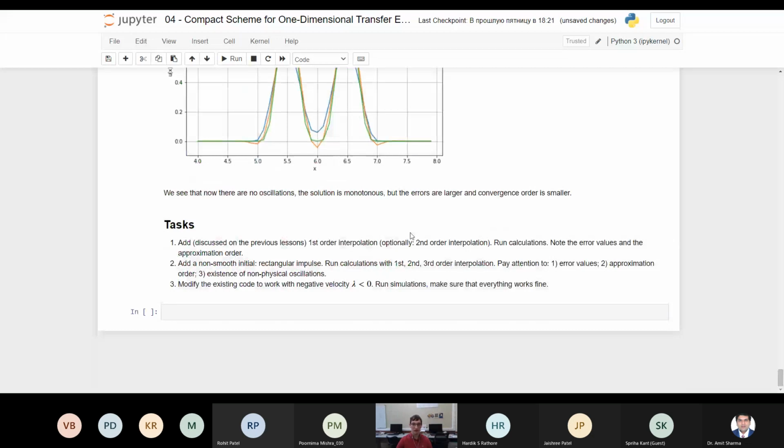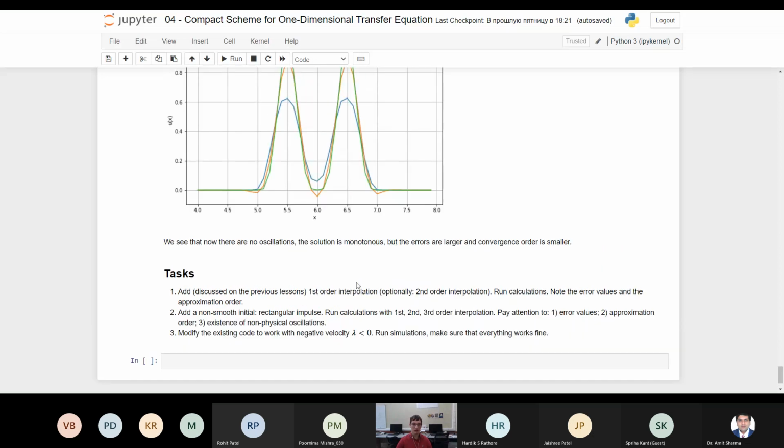And you will see that the error values in general will be greater for the rectangular impulse, and the approximation order will be lower. But high order schemes without monotonizers will create non-physical oscillations near the discontinuities of the solution. And another possible task is to modify this code to work with the negative velocity. Basically, you will have to interpolate using values in the current point and in the point to the right.